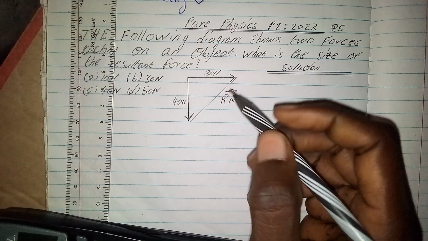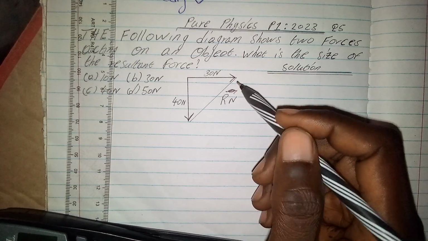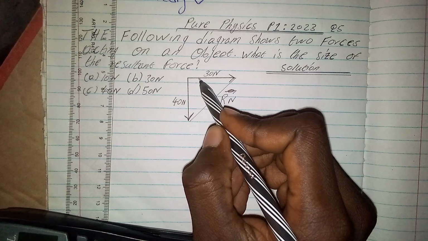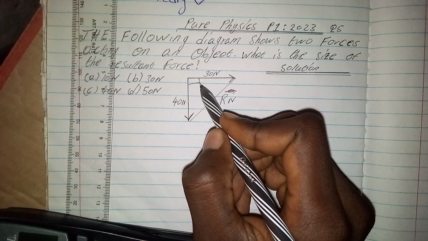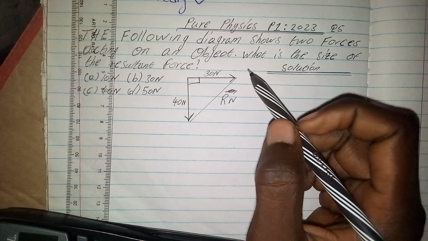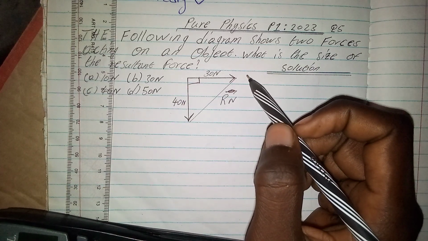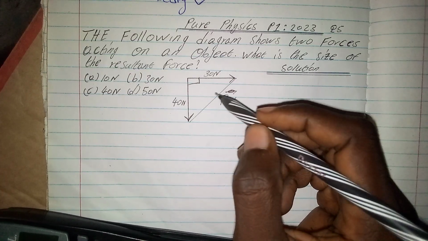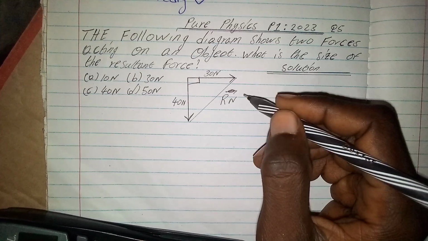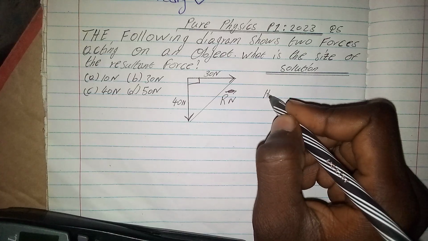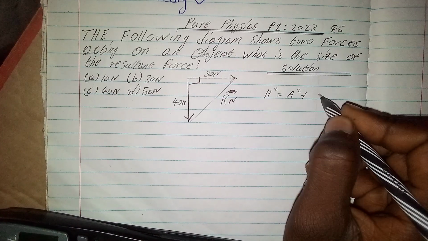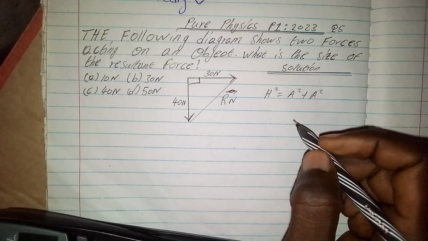Okay, now after doing this, since we know that this is a right angled triangle, we're going to use the Pythagoras theorem to find our resultant force. So we know that hypotenuse squared is equal to adjacent squared plus adjacent squared.